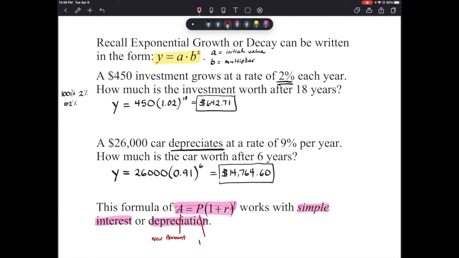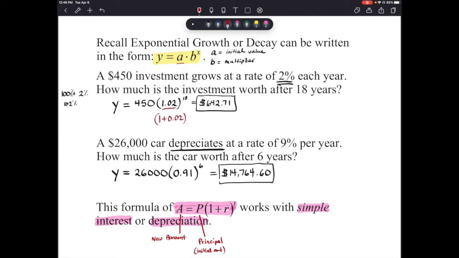Our P we know is our principal. It's spelled like the person, right? And that's like our initial amount. So it's like our little a from up above. And then, the 1 plus the rate. So that's where our rates were coming from up above, right? This is like 1 plus 0.02.